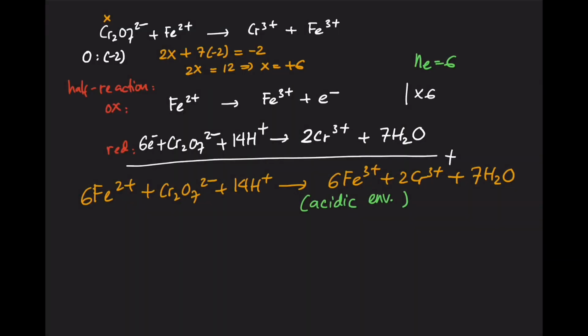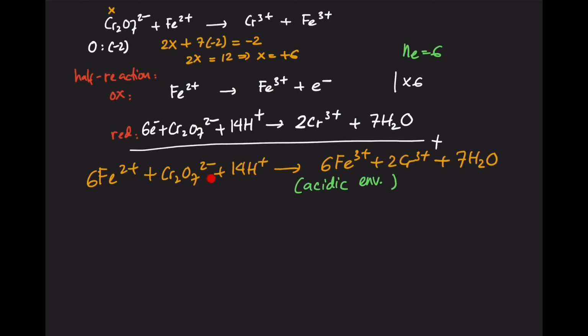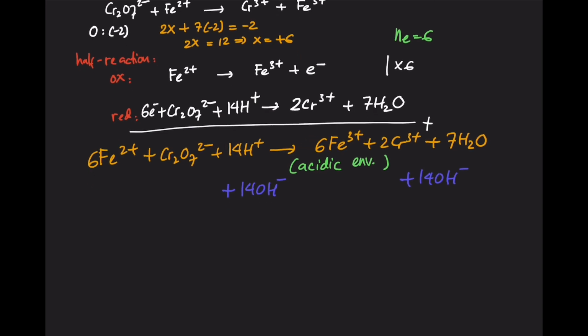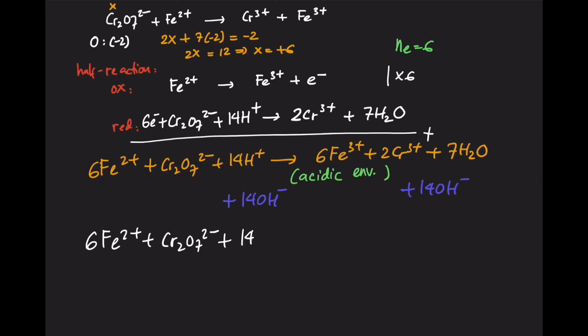We can also balance such a reaction in basic environment, and in this case we just have to neutralize all of the H plus with the same amount of OH minus. So if we add 14 OH minus on the left side, we also add 14 OH minus at the right side. And now we will get such a reaction: 6Fe2 plus, Cr2O7 2 minus, 14H plus, 14OH minus will result in 14H2O.